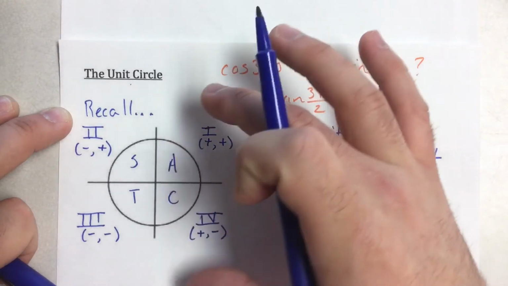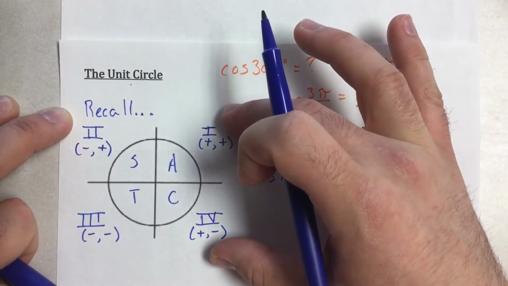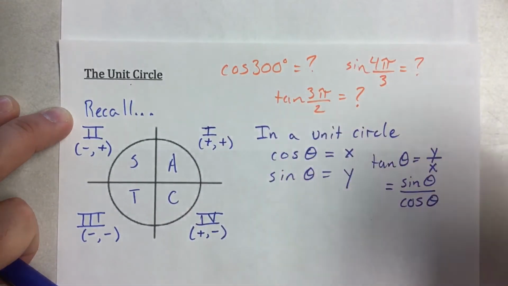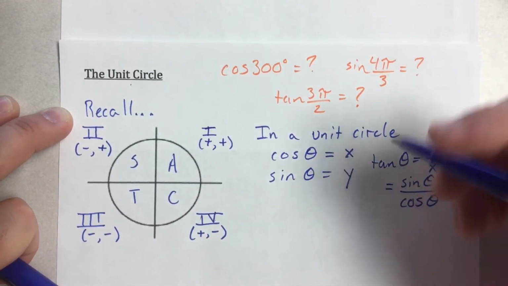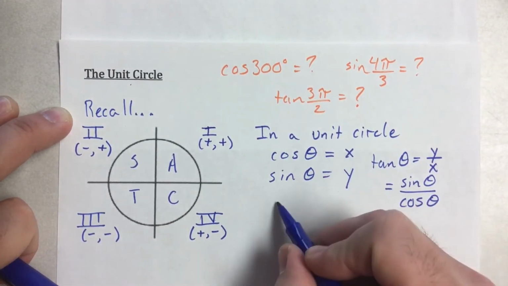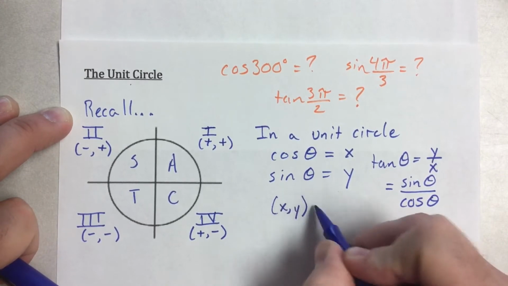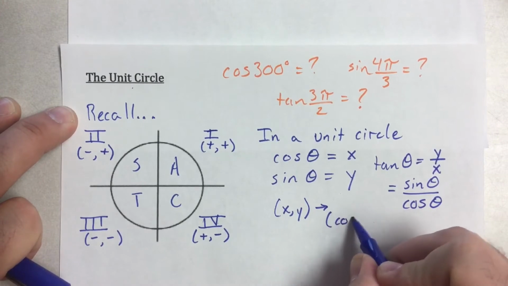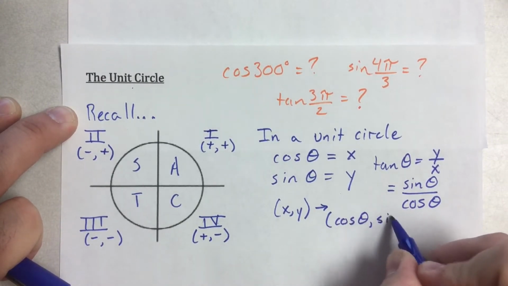So we have where we can know whether the trig functions are positive or negative. We know here that our coordinate x comma y, we can rewrite essentially as cosine of theta comma sine of theta.